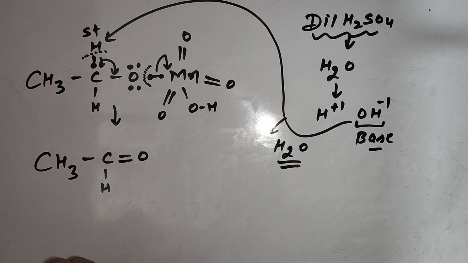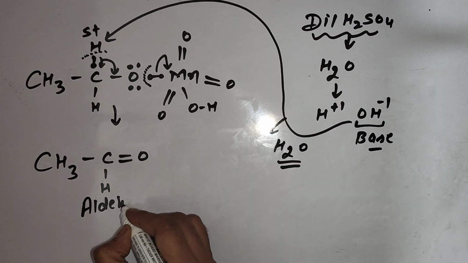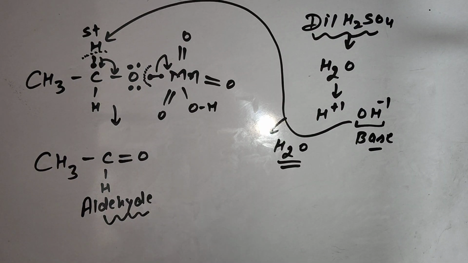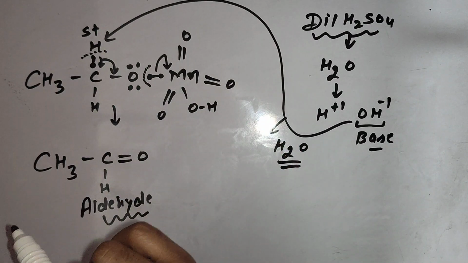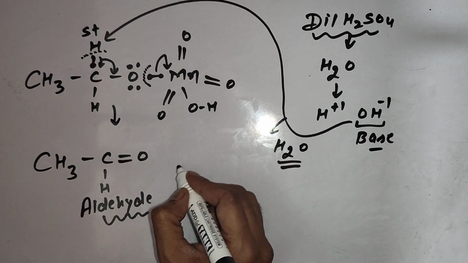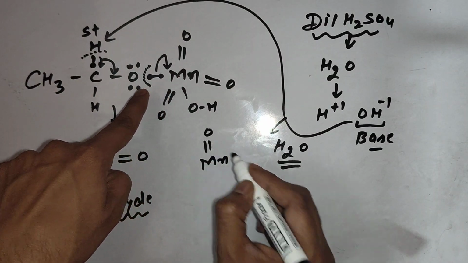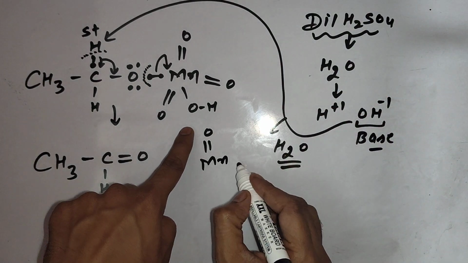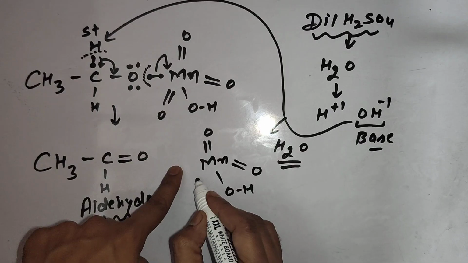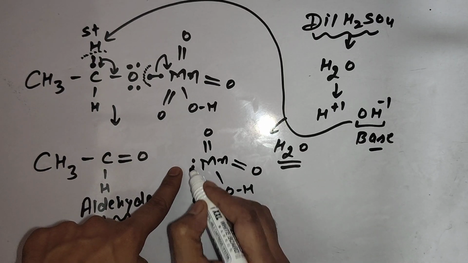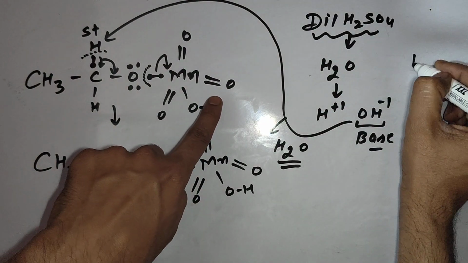Check carefully. Which functional group is it? Aldehyde. So a 1-degree alcohol will convert itself to an aldehyde with this mechanism. And what about this? Mn will release out as Mn.